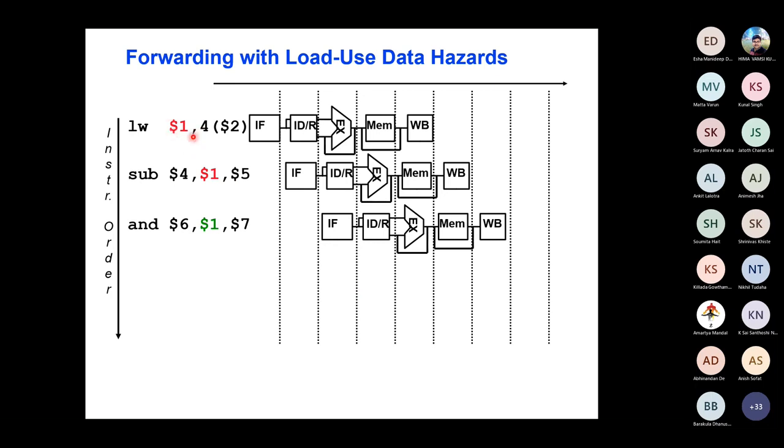After which clock cycle is this data available? Fourth cycle. In the fourth cycle in the pipeline register it is available. It is not yet in the write back. It is not yet in the register file, but it is available in the pipeline registers after the fourth clock cycle. Where do I need it?